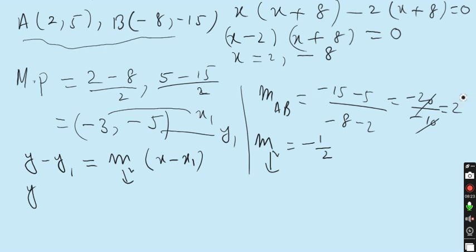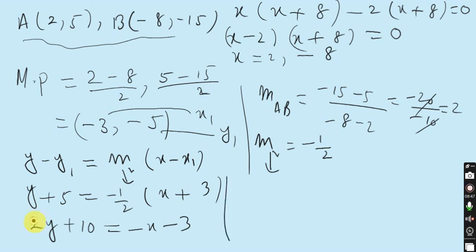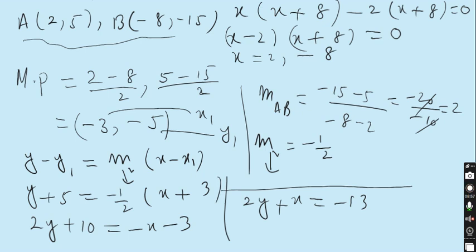So y minus y1, y1 is minus 5, so y plus 5 is equal to the gradient, negative 1 upon 2, times (x minus x1), x1 is minus 3, so minus minus is plus 3. 2 into y is 2y plus 10 is equal to negative x, negative 3, and 2y plus x is equal to negative 13. This is the equation of the perpendicular bisector of AB.